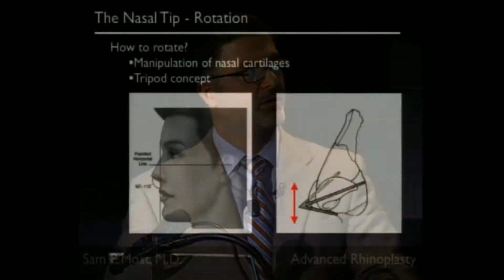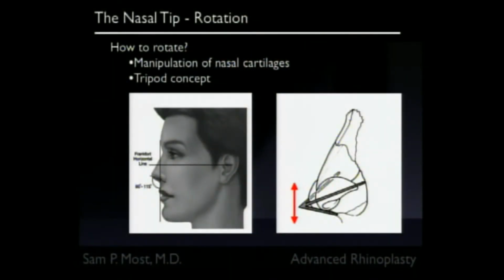Now, how do you rotate the nasal tip up and down? Well, you do it by manipulating those nasal cartilages of the nasal tip, these lower cartilages. This is just, again, that diagram I showed earlier, looking at aesthetic ideals for nasal tip rotation. And I think computer imaging is a really nice way to demonstrate this to patients in consultation to determine what rotation would look best for them.